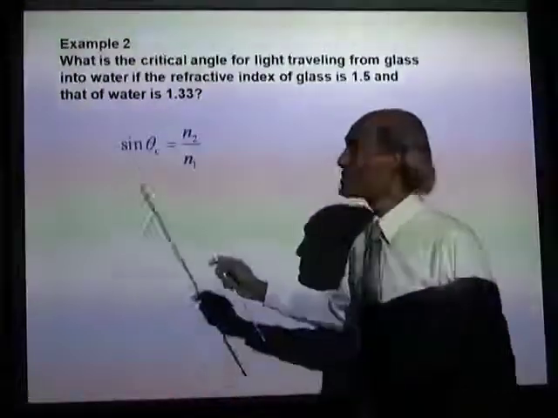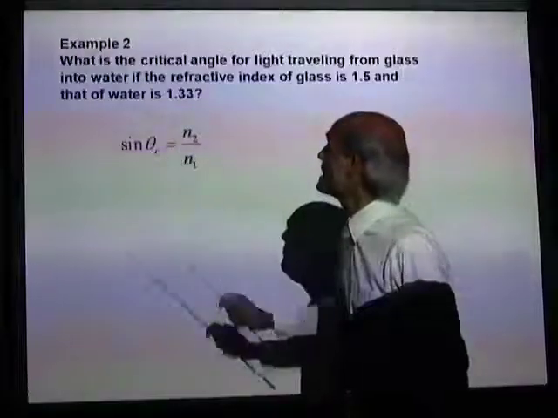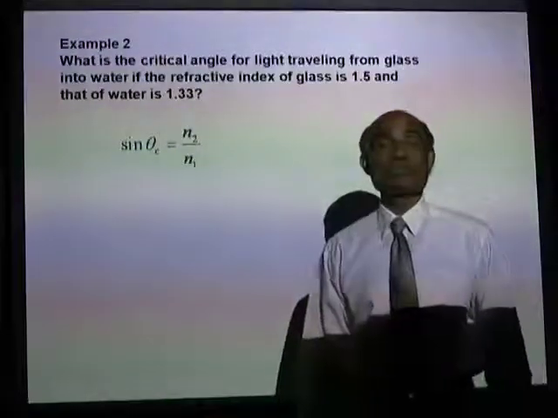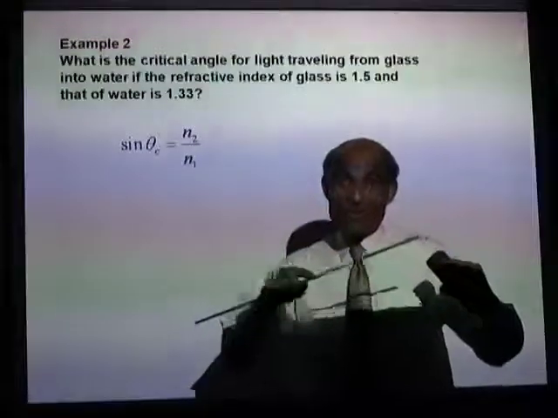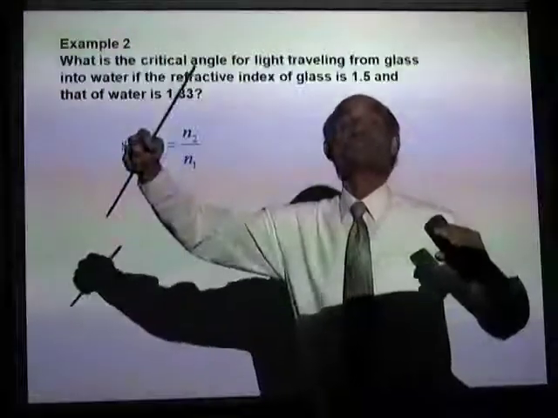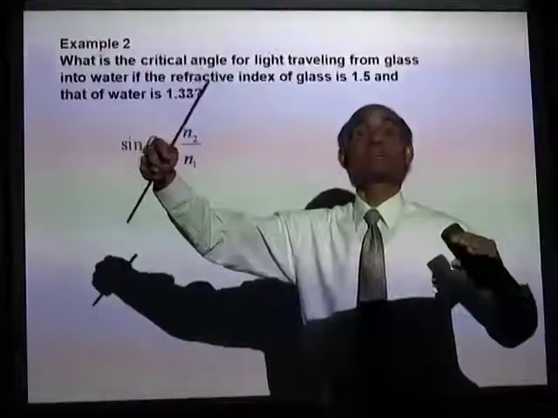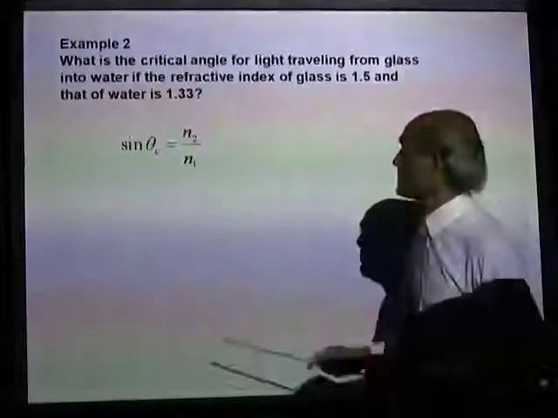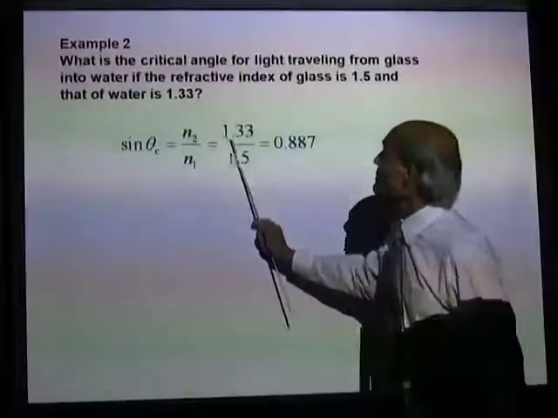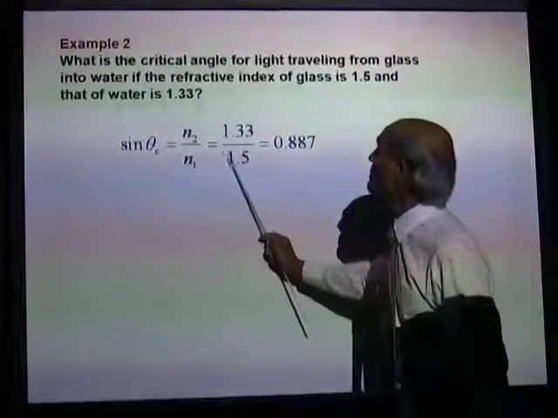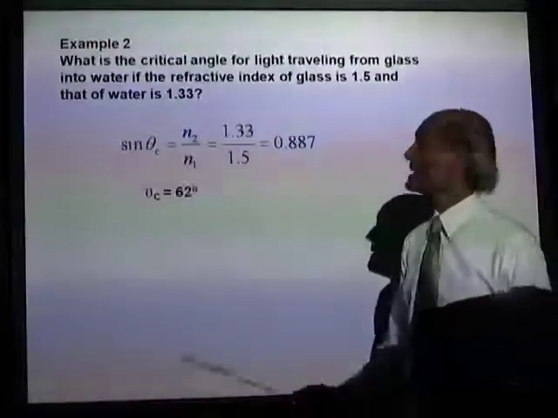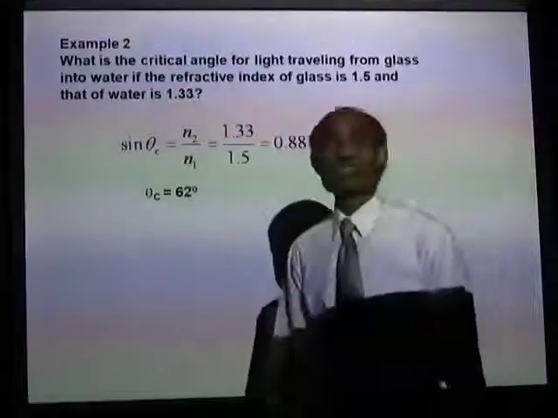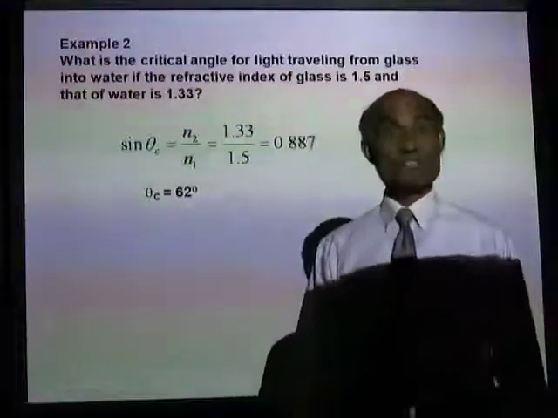Simply we can use sine theta c equals n2 over n1. n1 is the refractive index of the first medium, n2 is the refractive index of the second medium, here water. So the refractive index of water divided by the refractive index of glass is the sine of theta c, and that gives theta c, the critical angle, as 62 degrees.